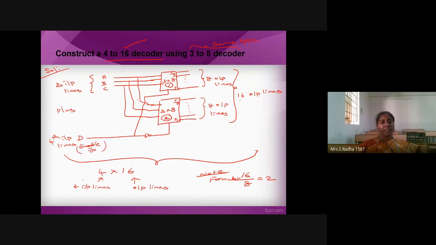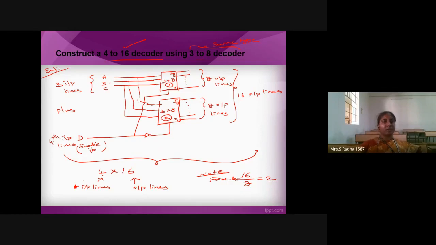And here, in the formula, that +1 will come when different types of decoders are used. That we will try. Here the same type of decoders are used, so it is a simple formula: number of required outputs divided by number of existing outputs, so it is coming as 2.